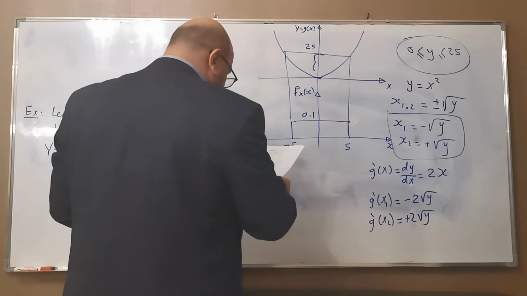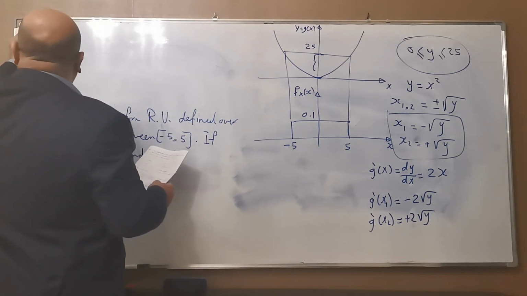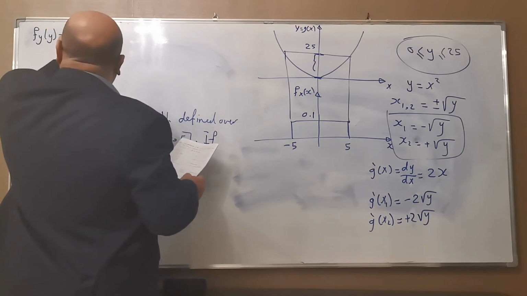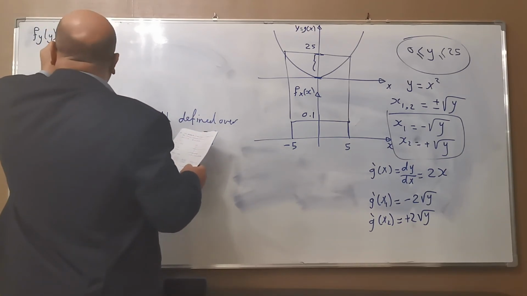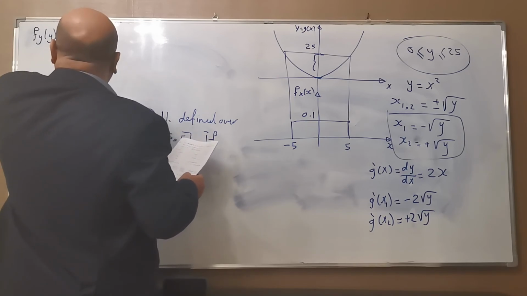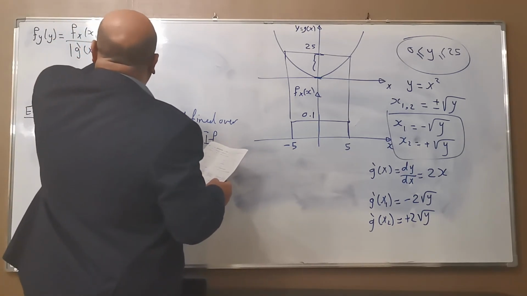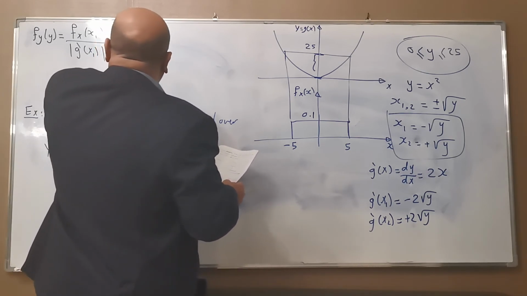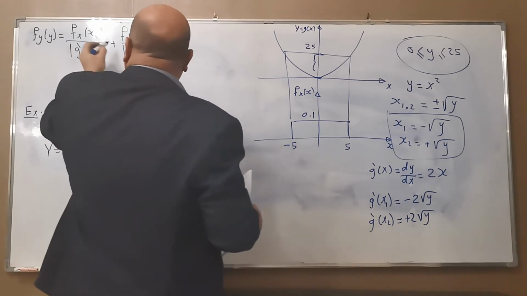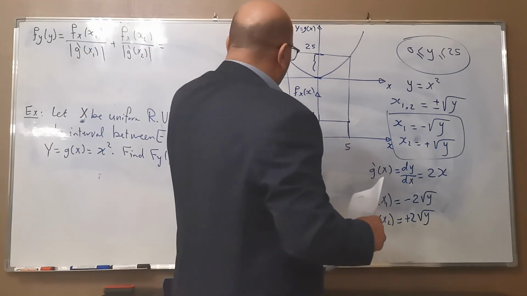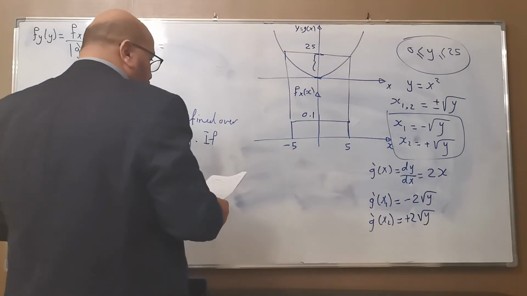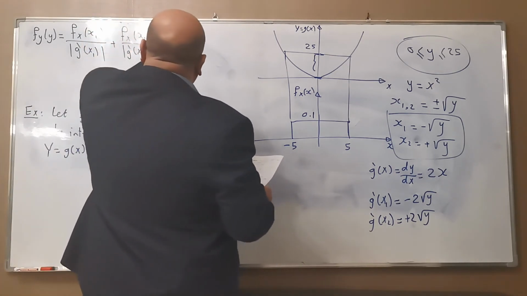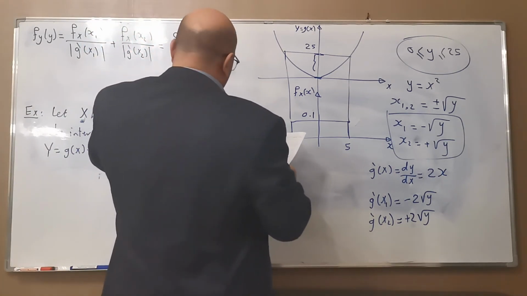If we do this, then we are almost there. Then fY of y equals fX of x1 over the magnitude of g prime of x1, plus fX of x2 over the magnitude of g prime of x2. How much is fX at this x1? It's 0.1, a constant value.